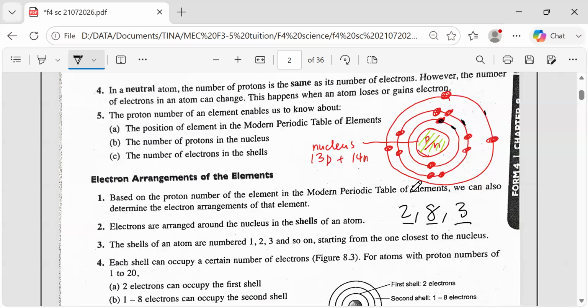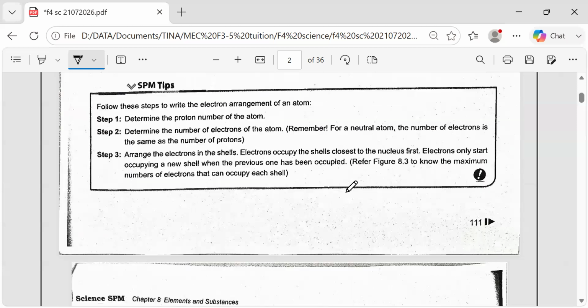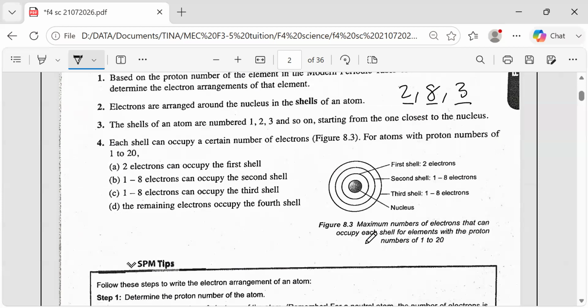Can remember. Okay. Alright, so first shell, second shell, third shell.